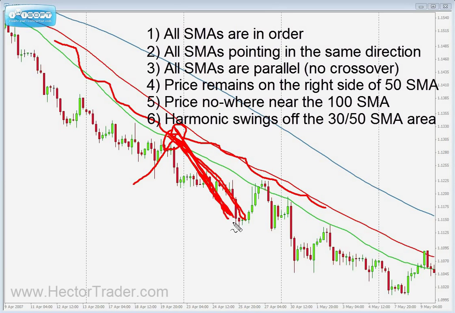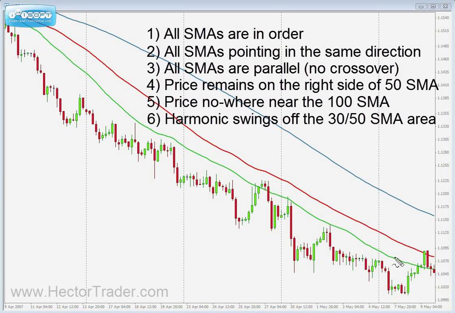Then sure, we may have another pullback, but I like to see once again the 30 and the 50 simple moving average, or rather the area in between, the dynamic area of resistance, hold the price below, to indeed work as resistance, and from there price to take yet another swing in the direction of the trend. Then another pullback, price reaches the dynamic area of resistance, and bang, another swing in the direction of the trend. And so on and so forth.